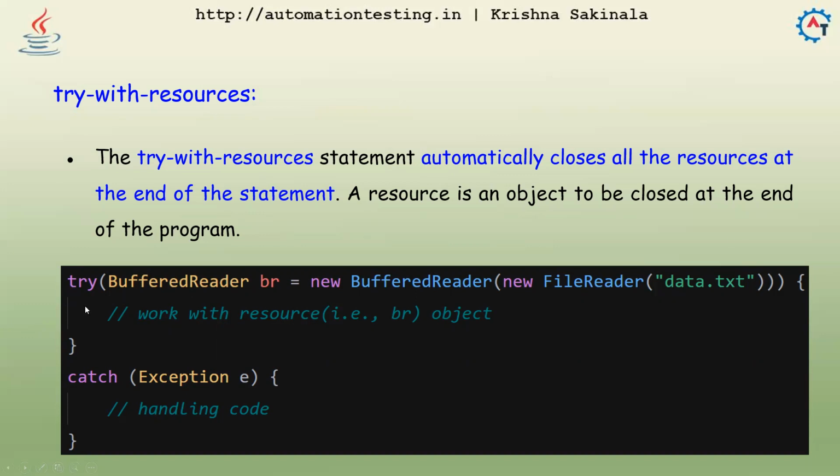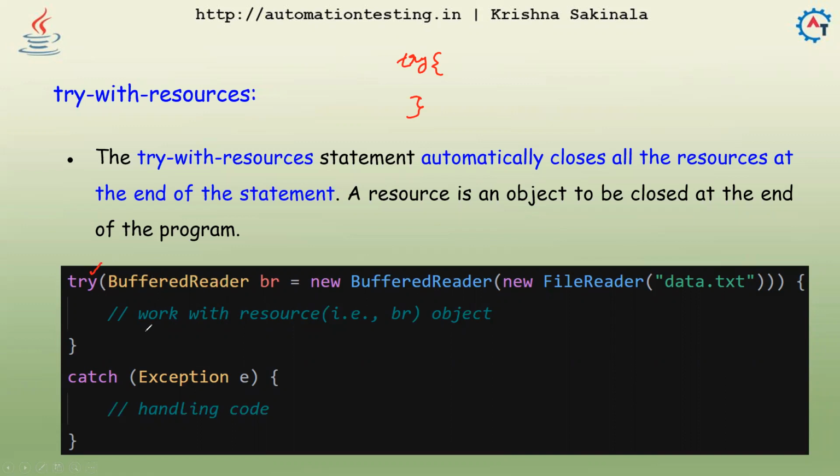The syntax will be like this. Previously, when you write try, there is nothing; you just have the try block, open braces, close braces. But here you need to write something like a method with parameters.